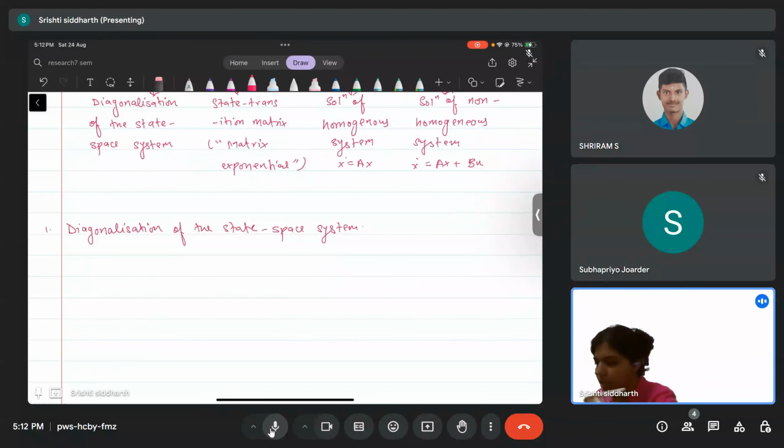Okay, so you have some matrices A, B, C, and D. For example, for x dot equals Ax plus Bu, let's say we are in R2, so this is going to be a 2 by 2 matrix.